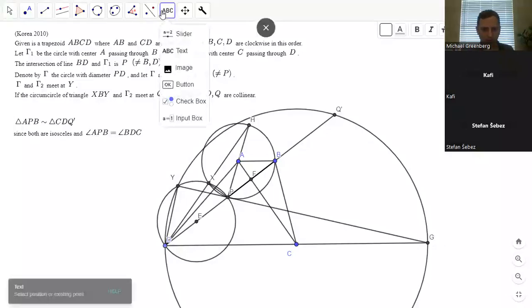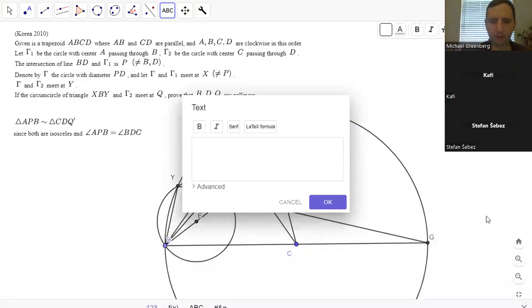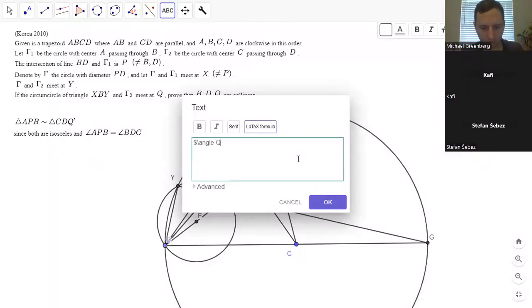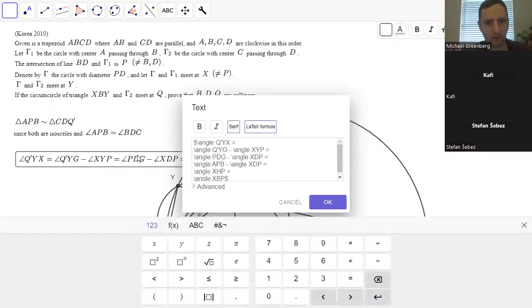So then I will do an angle chase. I'll write out the definitions of the points in the end, but we have angle Q prime YX equals angle Q prime YG minus XYP, which is equal to angle APB minus angle XDP. Why not just do them all on separate lines?